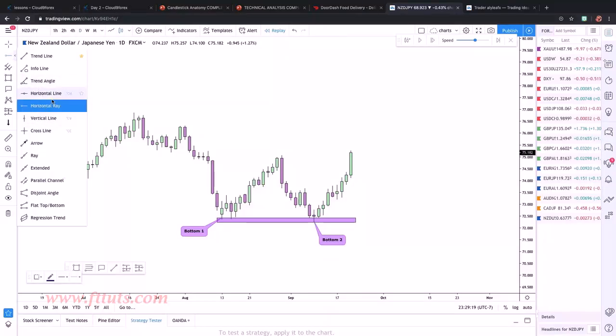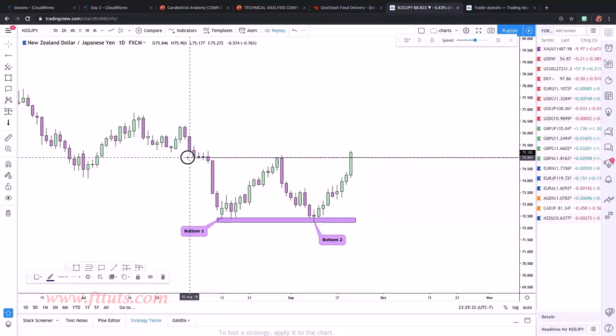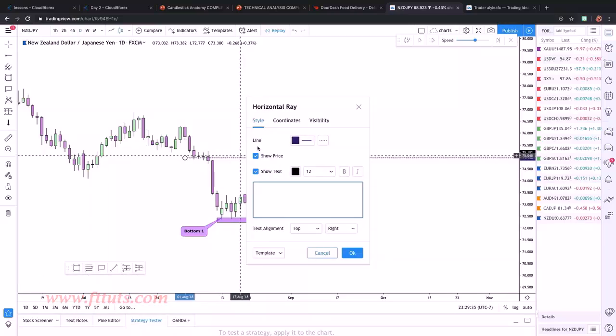So I actually caught this trade back in September of last year. This was a really good trade. So again, guys, identifying these on higher time frames, always massive moves.